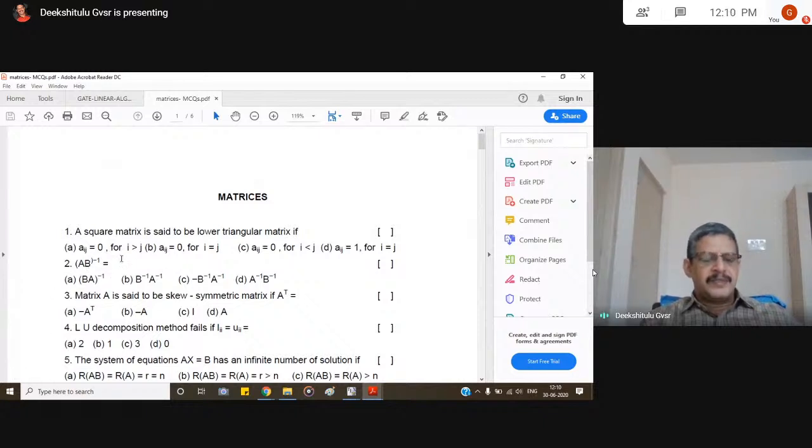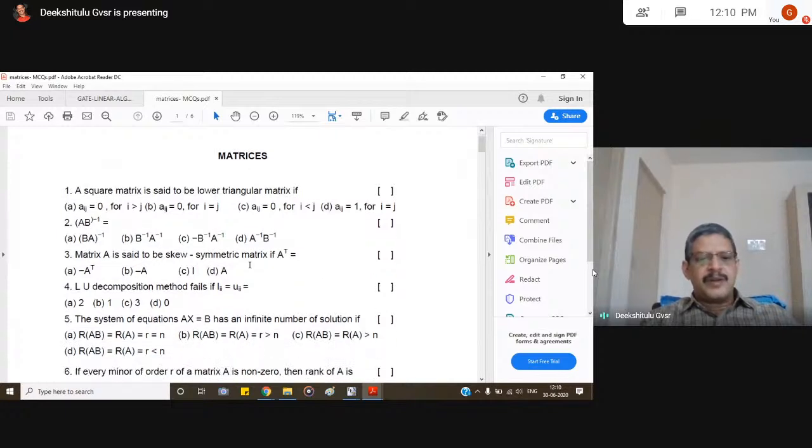AB whole inverse is equal to, you know what it is. Matrix A is said to be skew symmetric matrix if A transpose is equal to, I already discussed this issue with you, A transpose is equal to minus A. LU decomposition method fails if LII UII is equal to zero.